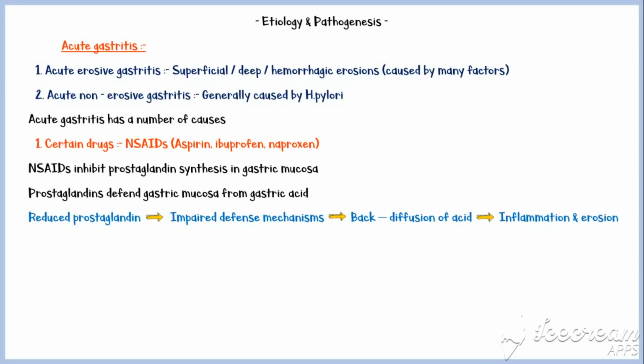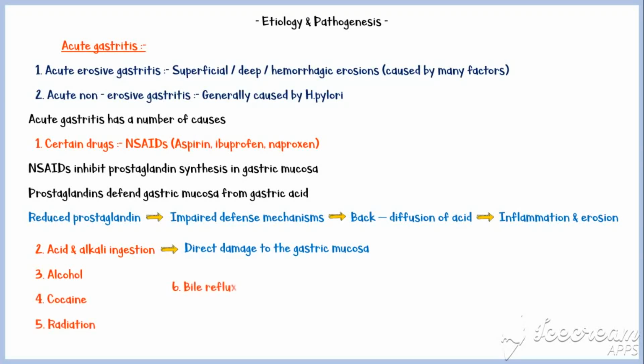Other causes of acute gastritis include acid and alkali ingestion, which causes direct damage to the gastric mucosa, alcohol, cocaine, radiation, bile reflux, ischemia, and severe physiological stress, including sepsis, trauma, burns, and intracranial lesions. I will discuss stress ulcers in more detail in the following sections.